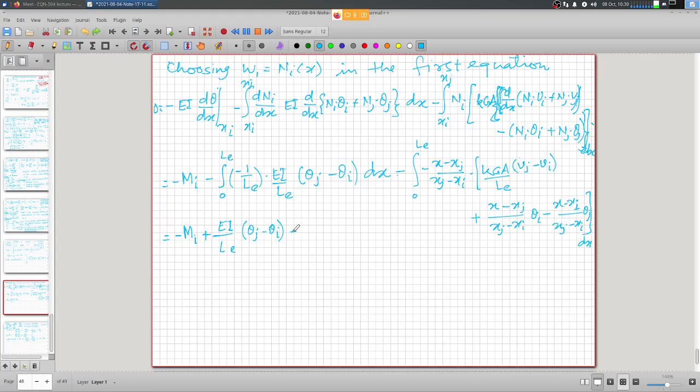We can take out LE square common, and we have x minus xj multiplied by kga vj minus vi. Okay, so this can be actually taken out.